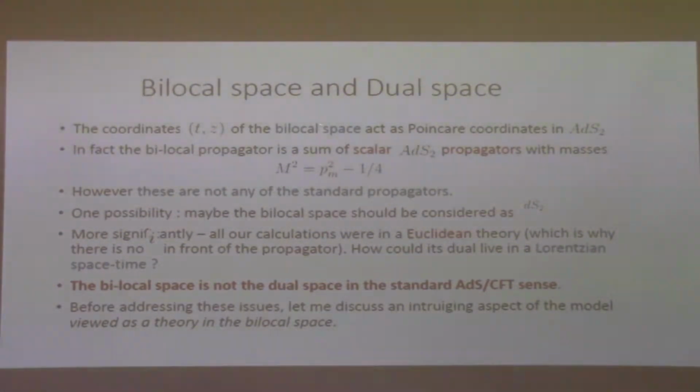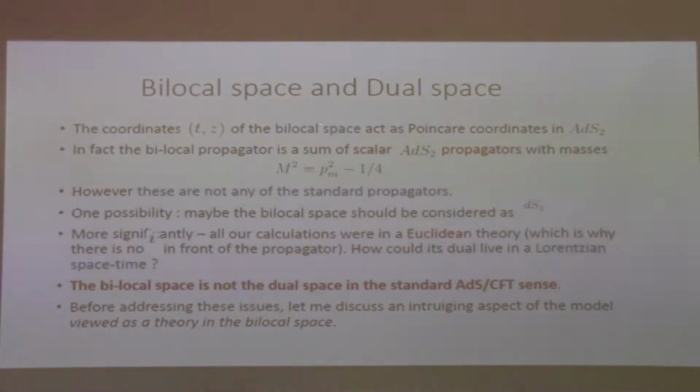There is a possibility that one should really consider this space, which I'll call bilocal space, as not AdS2 plus de Sitter, because that gives you the leeway of having alpha type vacuum of de Sitter. In fact, to a very large extent, these things can be identified with the modes which appear in the alpha type vacuum.